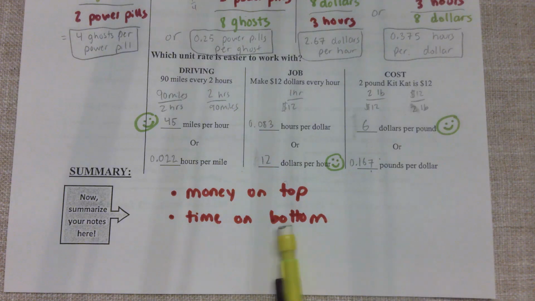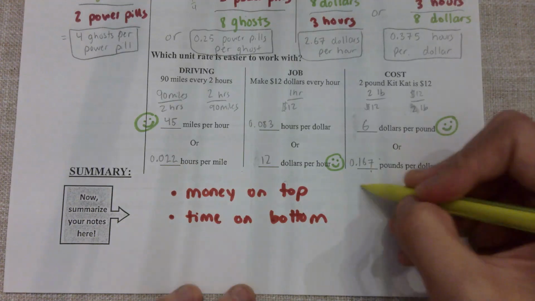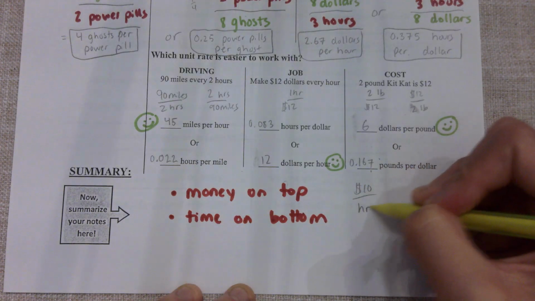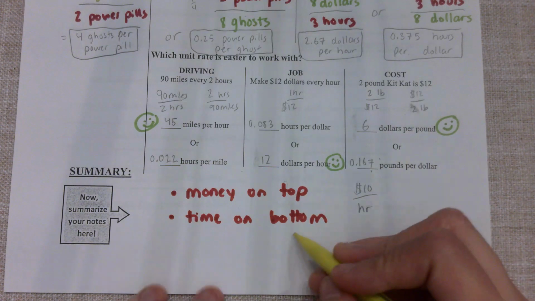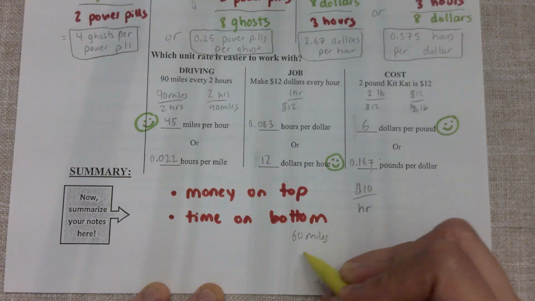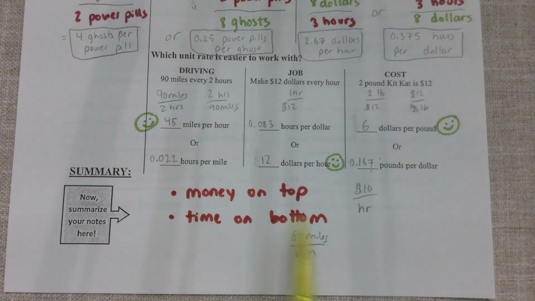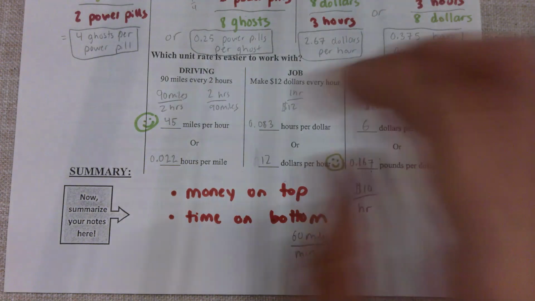And then on the bottom, we like the time. Or we like to think, you know, 60 miles per minute, right? So this doesn't always happen, but if you're ever not sure, typically people like money on top and time on bottom. But like I said, all of these answers would have been correct.